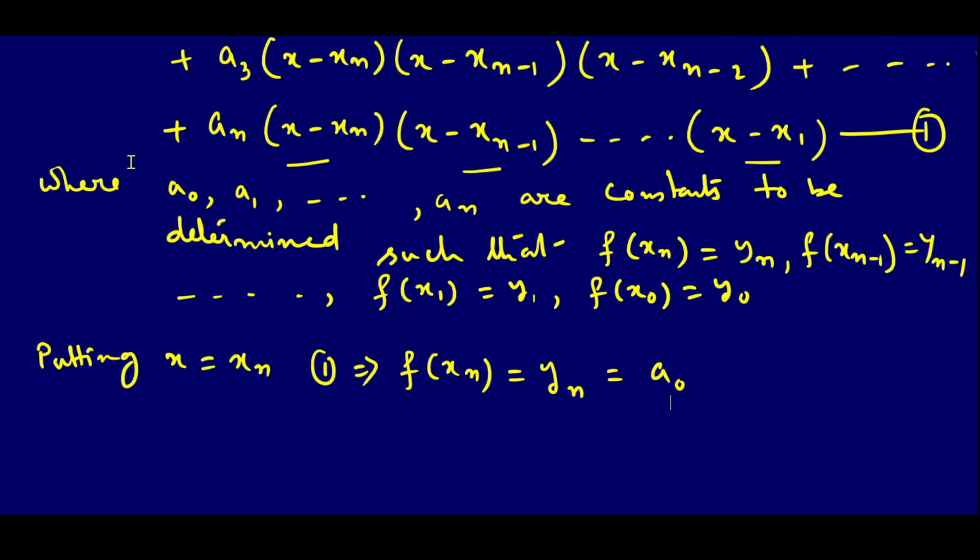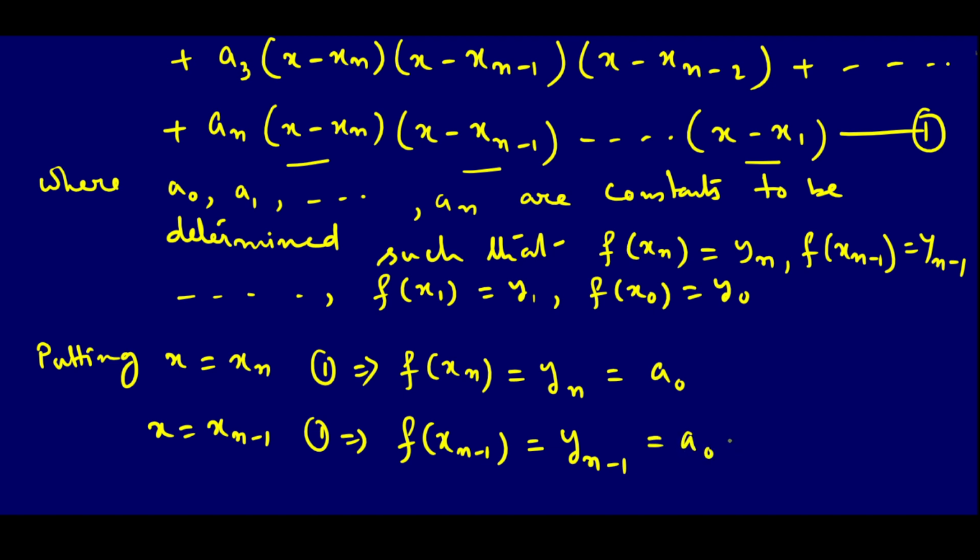Now we'll put x equals xn minus 1. The left hand side will be f of xn minus 1, which can also be written as yn minus 1.